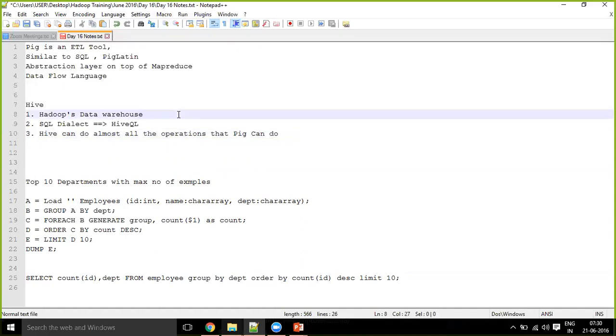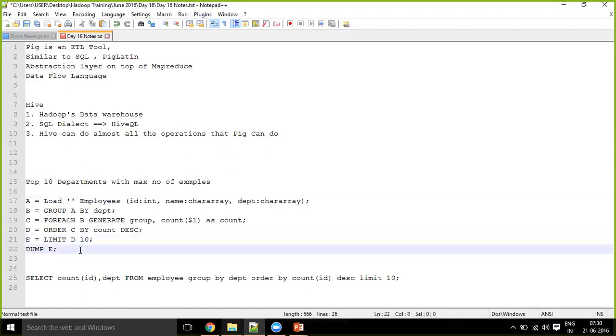So the major one is Pig is a data flow language. You can't persist the schema there. So once the employees table is loaded into the Pig engine, these three columns, and I got the top 10 departments with the highest number of count.